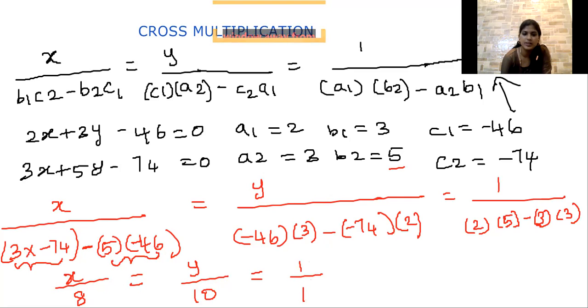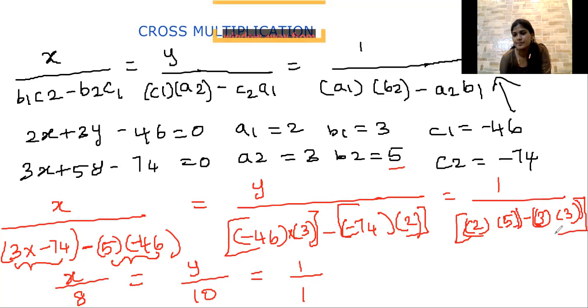We'll be having 8 as the result. Similarly, you have to multiply 46 and 3, minus 74 and 2, and do the subtraction. Here also the same strategy. So now the result is x divided by 8 equal to y divided by 10 equal to 1 divided by 1.